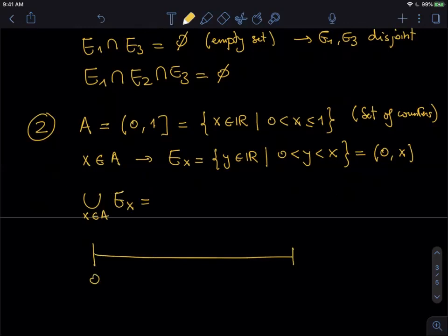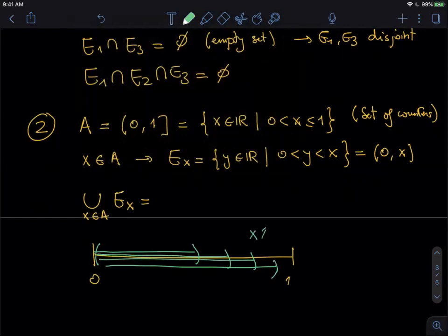This is 0, this is 1, and we have our sets that are like this. As we move x closer to 1, they get longer and longer, and we will always get closer and closer to 1.